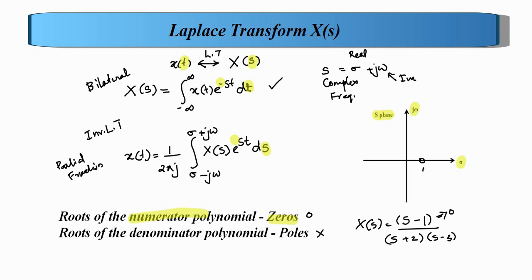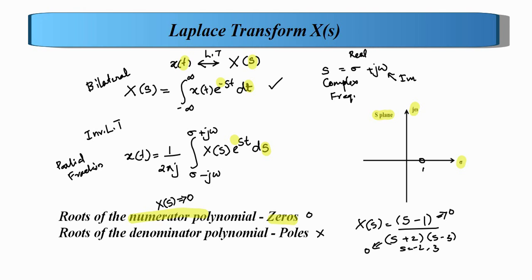Now the roots of the denominator polynomial. Zeros are the roots which give X of s equal to 0, and for the denominator polynomial we equate the denominator equal to 0. In this example, you will get s is equal to minus 2 and s is equal to 3.